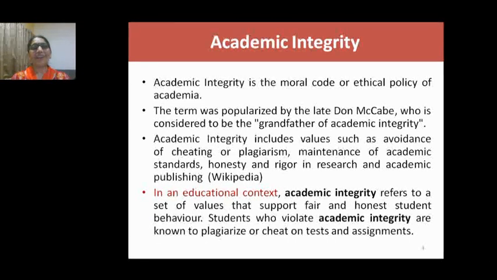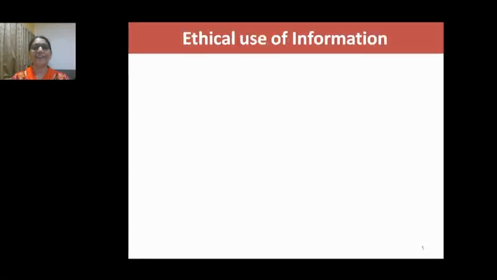In an educational context, academic integrity refers to a set of values that support fair and honest student behavior. Students who violate academic integrity are known to plagiarize or cheat on tests and assignments.